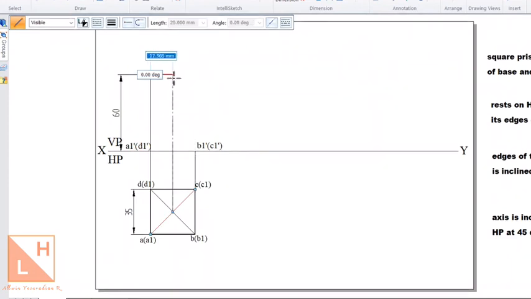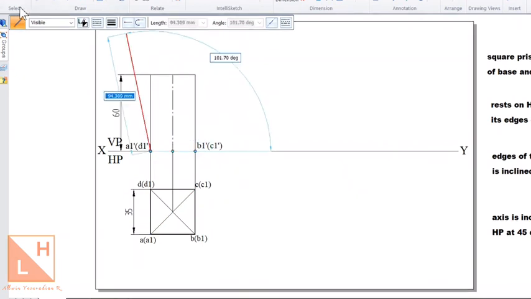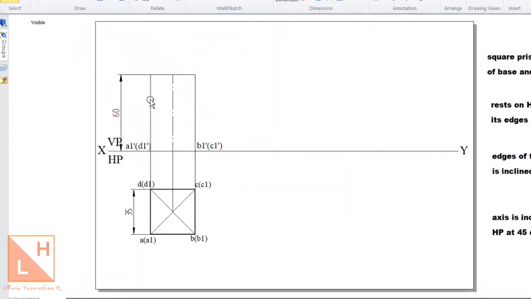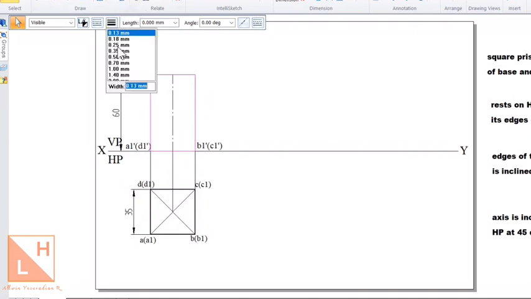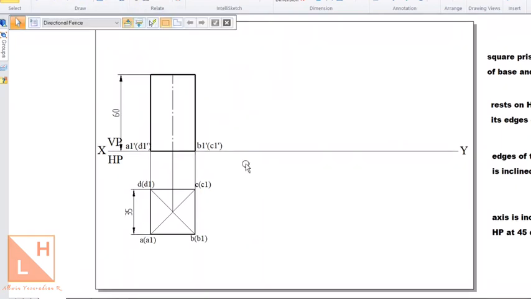You can see a dotted line appears, but while you are drawing it manually, you need to measure 35 millimeters in the 60 millimeter height and draw the rectangle. Now the front view should also be drawn with a dark line, so you can just thicken these lines with a greater width.